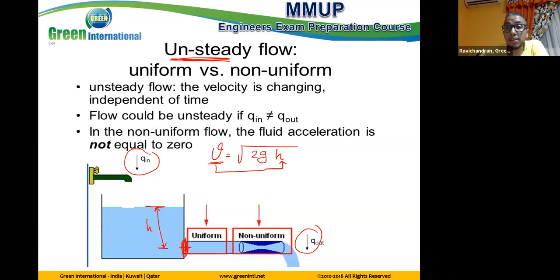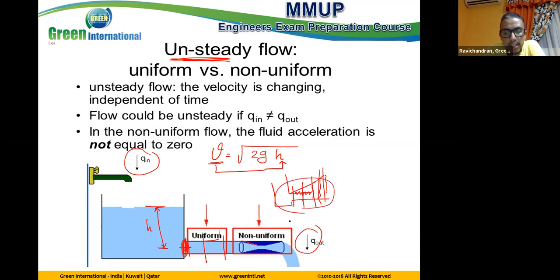This depends on the pipe shape. Check the pipe. If the pipe is uniform like this, at different positions the diameter does not change, so the velocity does not change. Why? Because we see in the continuity equation the relation between velocity and diameter or area. So diameter not change, velocity not change. But in the case of a pipe or orifice like this, the position here is not the same as there, so the velocity changes with position.